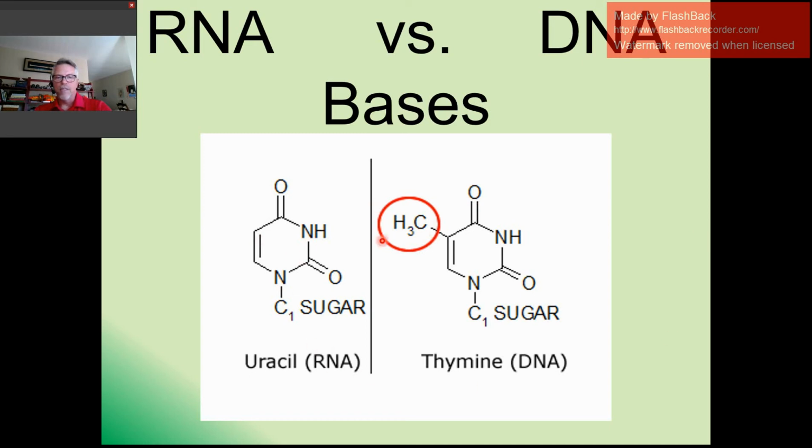The only difference is that where thymine has this CH3 group right here, uracil has nothing. That's the only difference between the thymine, which you find in DNA, and the uracil that you find in RNA. Now don't worry, I'm not going to ask you to draw these structures or even to recognize them. I'm just pointing out what the differences are. So one of the differences between RNA and DNA is the presence of uracil instead of thymine.